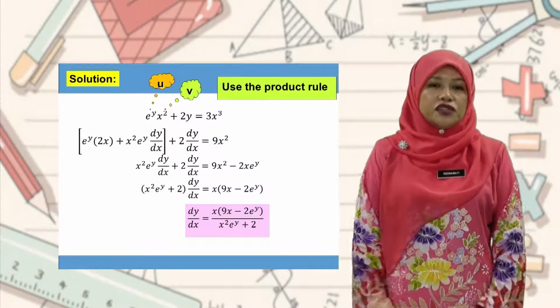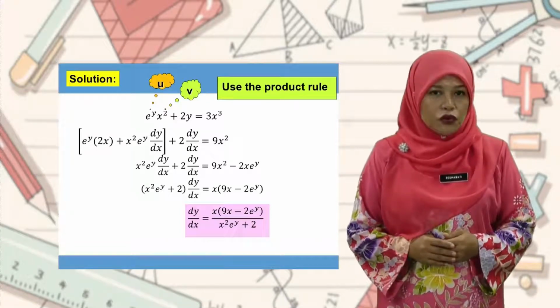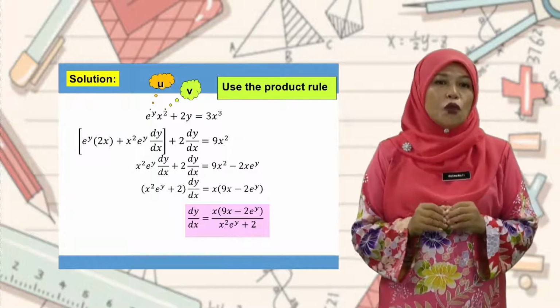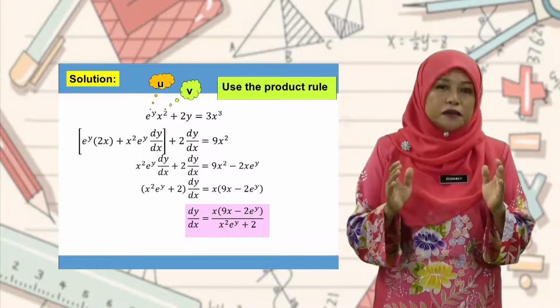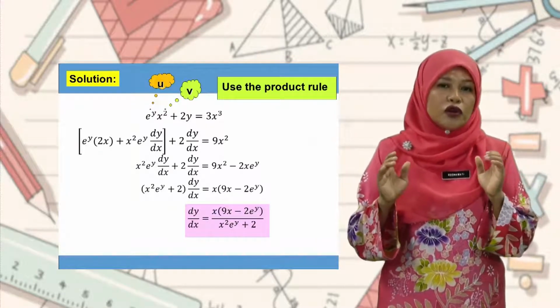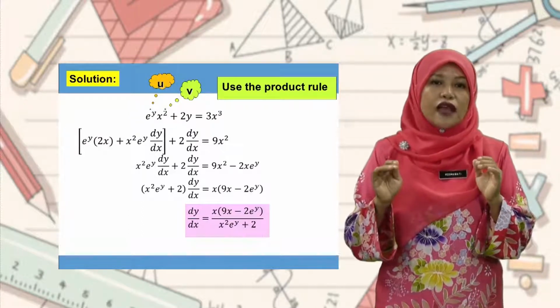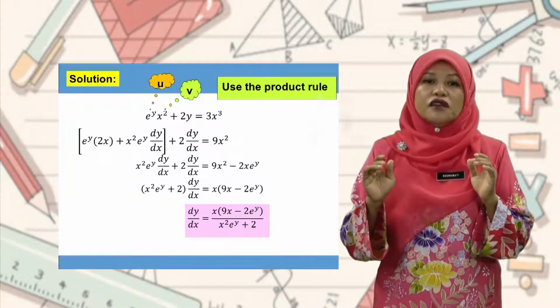In order to differentiate this equation, we need to use the product rule because we come across e to the power of y multiplied with x squared. For this particular term, we are going to use the product rule where e to the power of y is treated as u and x squared is treated as v.